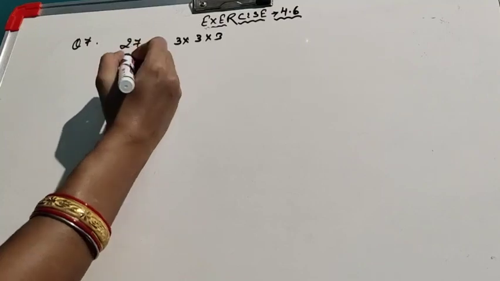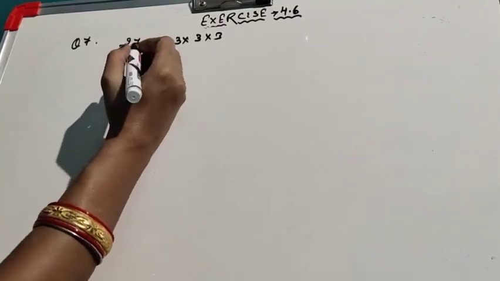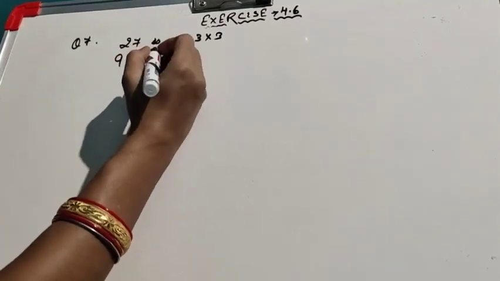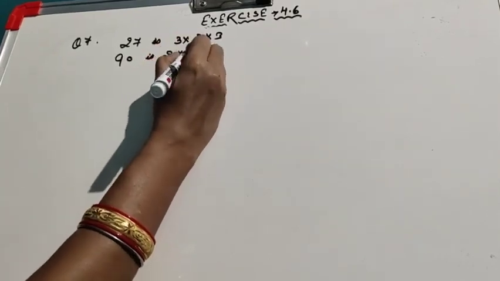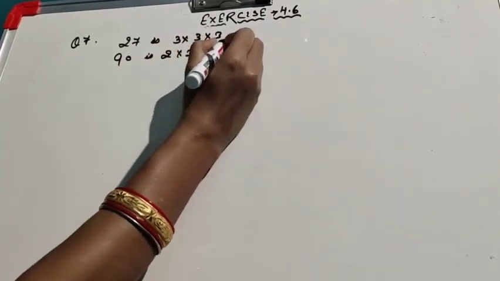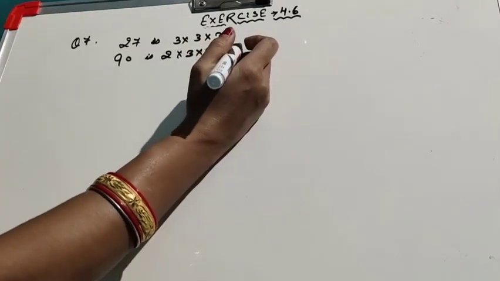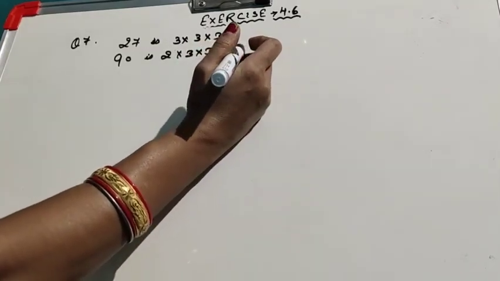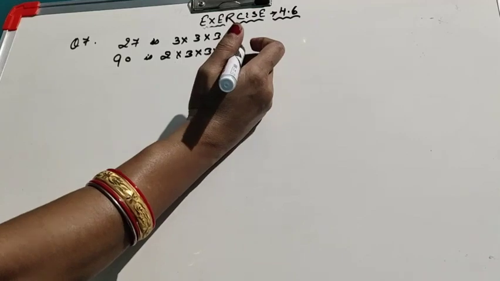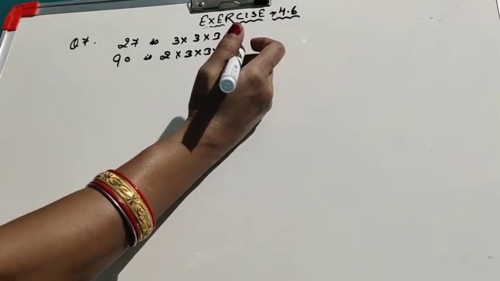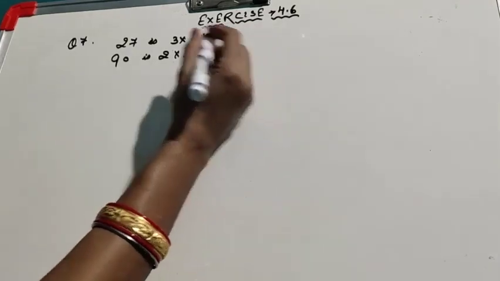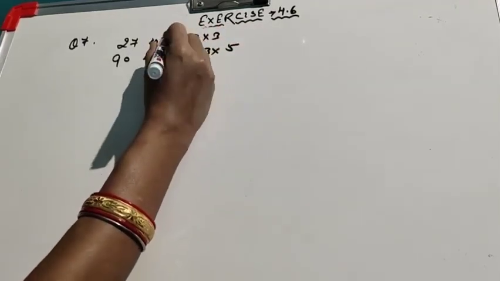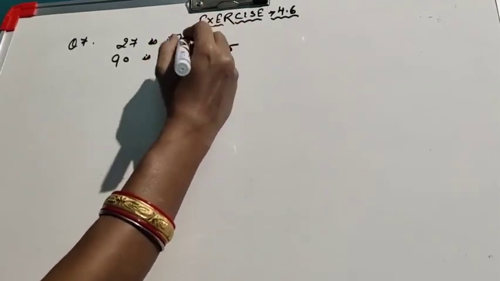90, we will go with the prime factorization method: 2 multiply with 3 multiply with 3 multiply with 5. Now what we will do: eliminate the duplicate factors of the two lists, then multiply once with the remaining factors. This is the common factor, this is also common.